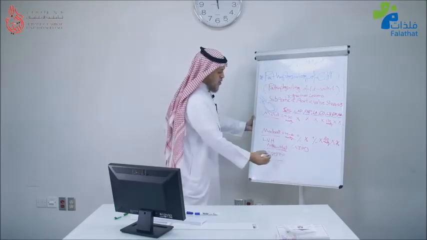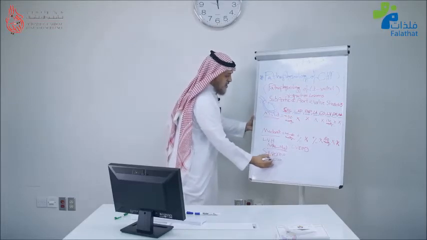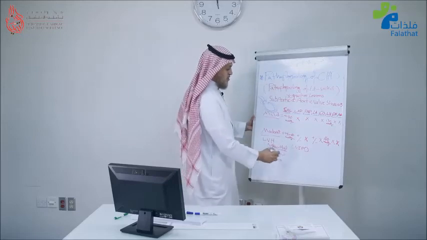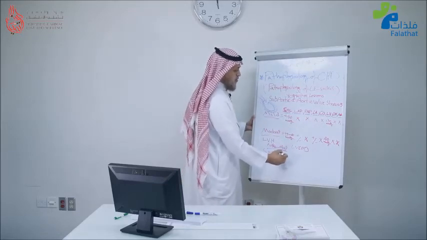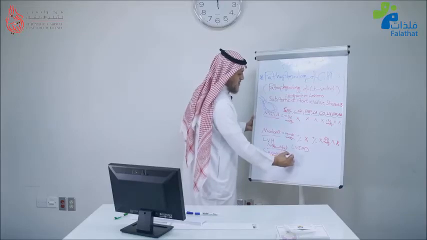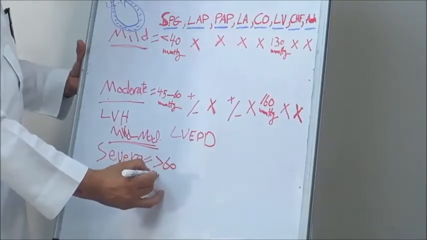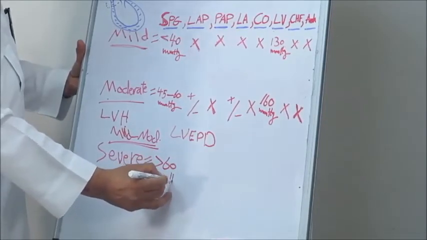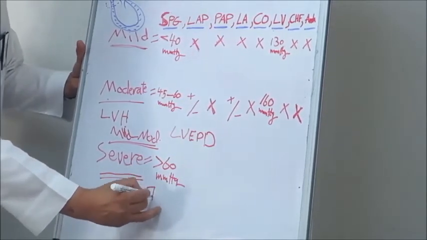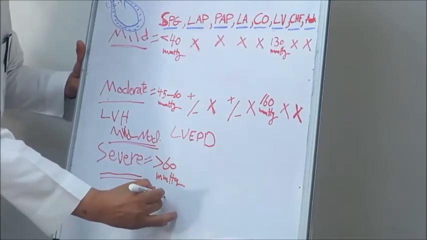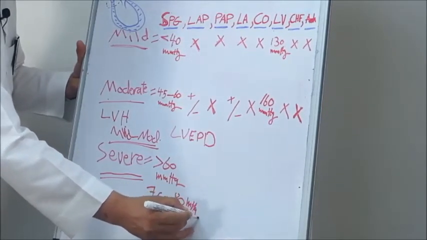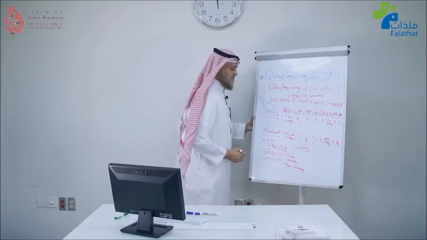Okay. We'll go now to severe aortic valve stenosis, and here we're talking about systolic gradients of above 60 millimeter mercury. Usually we are talking about 75 to 80 millimeter mercury gradients.